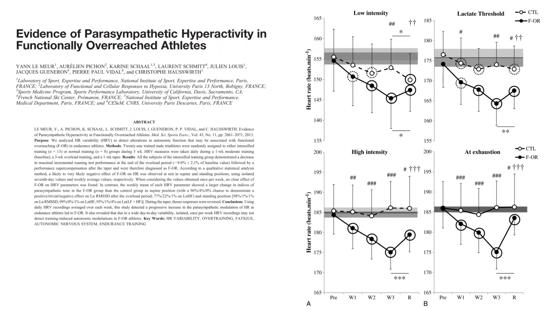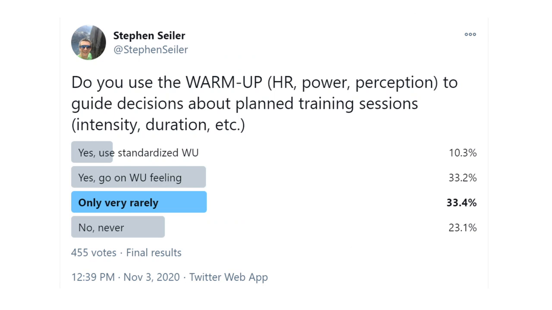But the reason it's lower is because the entire system has, you might say, had the brakes come on, or in this case, they call it parasympathetic hyperactivity. The parasympathetic system is over dominant, and the sympathetic system is depressed. All right, so you can see a lower heart rate in this situation, and it's not a positive. It says this athlete needs rest.